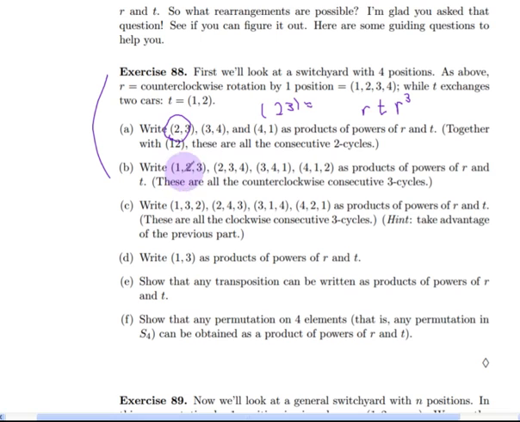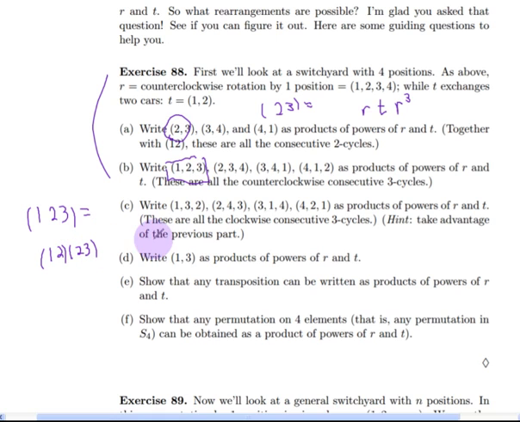Let me give you a little hint on this one. To find the permutation (1 2 3), if you think about it, I think it can be written as (1 2) and (2 3). Let's see if that works.